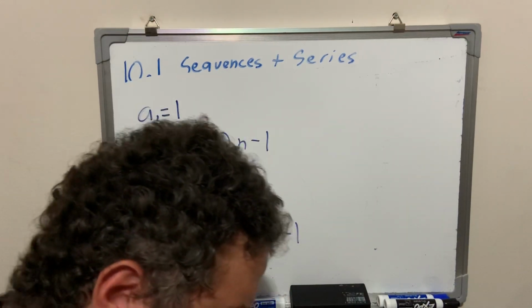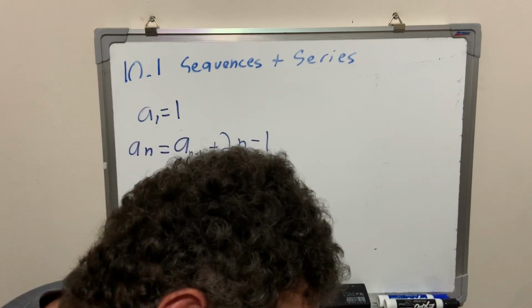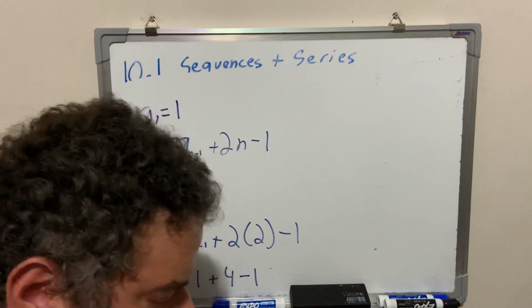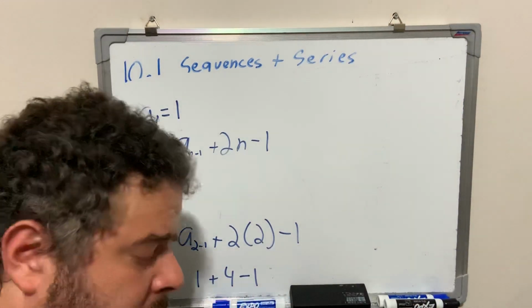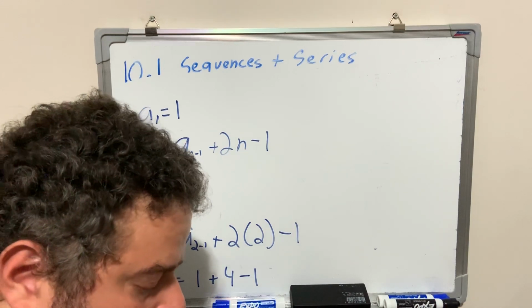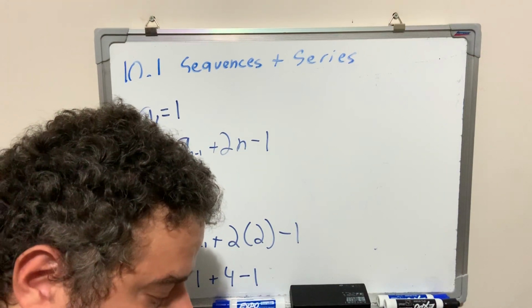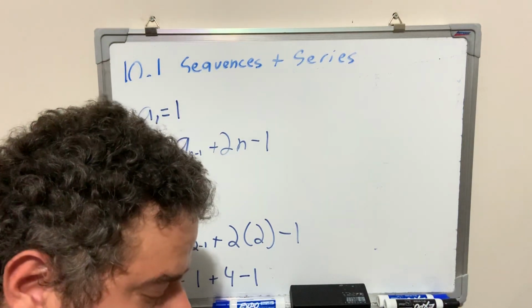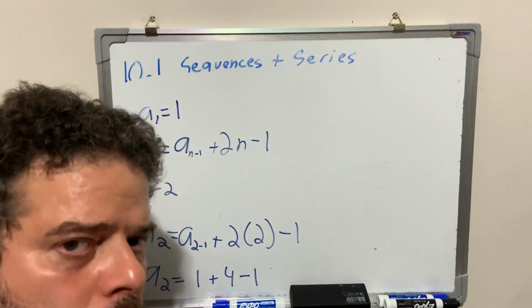Here in the book, they're telling me that A1 equals 1. And yet, I want you guys to just visualize this a little bit. In the actual instruction, they're telling me A1 equals 1. But when you look at the bottom, it says, use the given term, A1 equals 2.